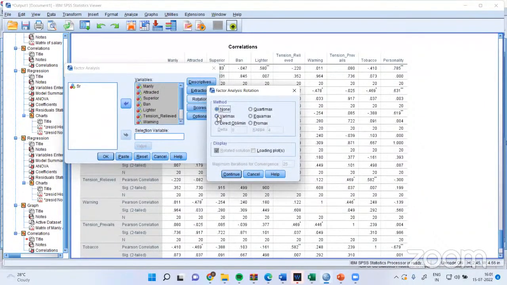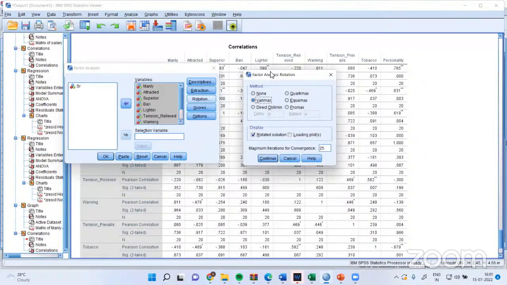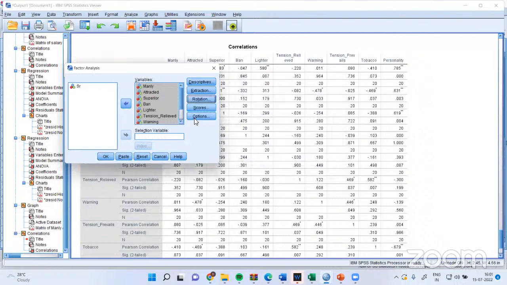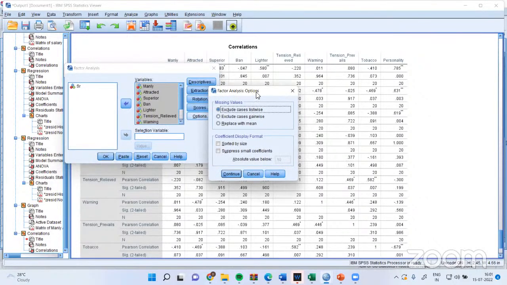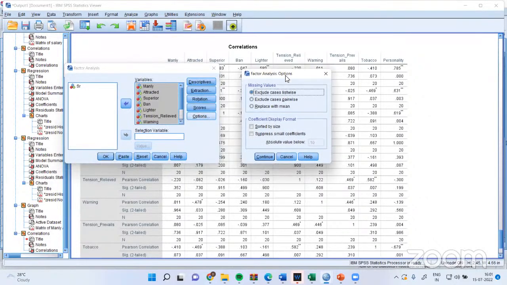Rotation. Click on Varimax. Click on options. Sorted by size. Suppress small coefficients.